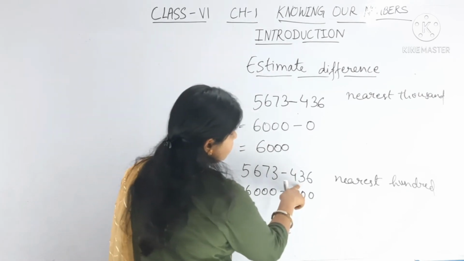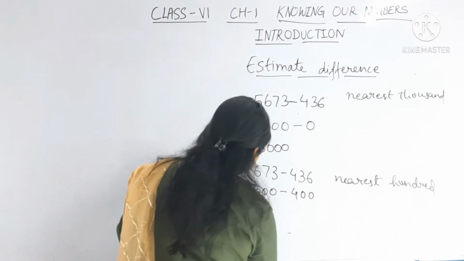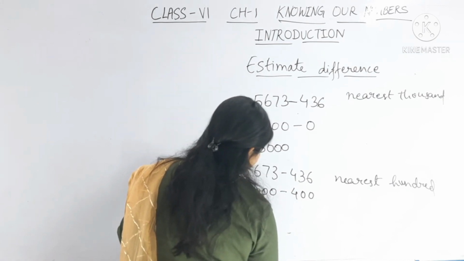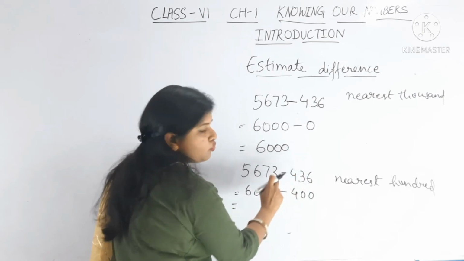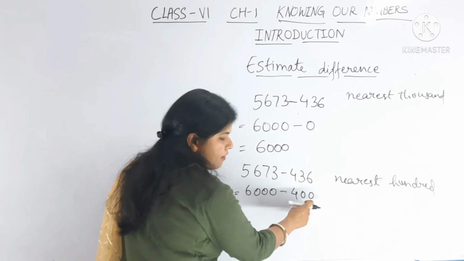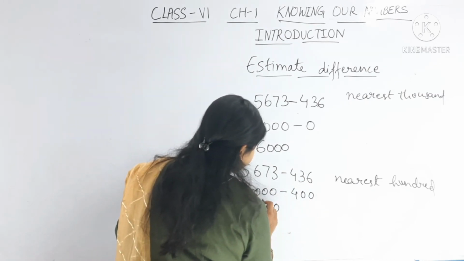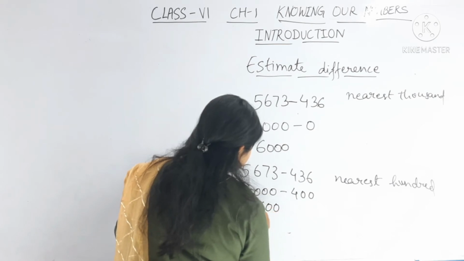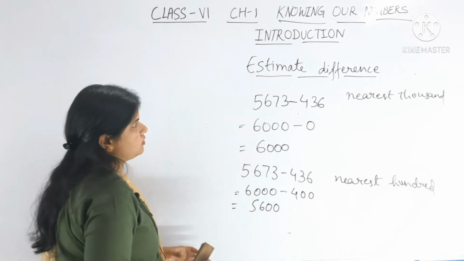Because it is 3, so it can come 400. If it is after 5, it will change to 5, right? Here it is 3, therefore we have to write like this. So 6000 minus 400, 10 minus 4 is 6, and 5600. So I am getting 5600 here. That is the estimate difference.